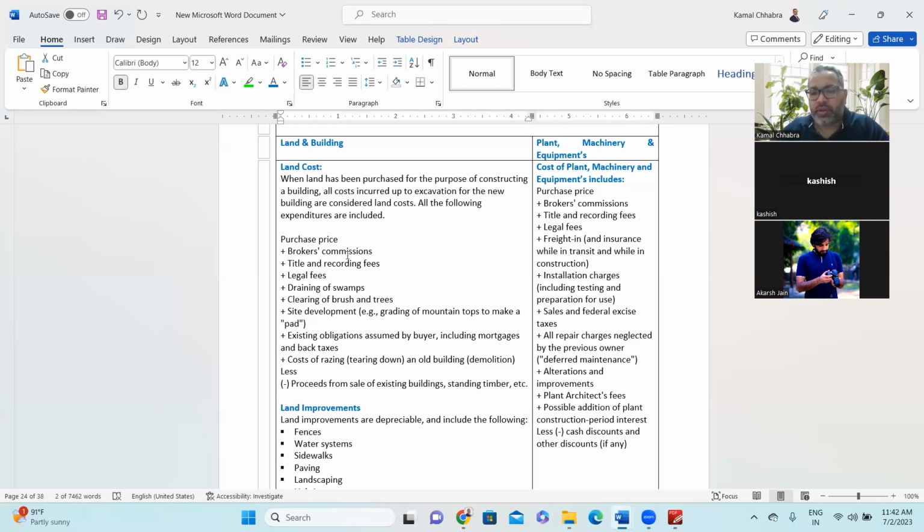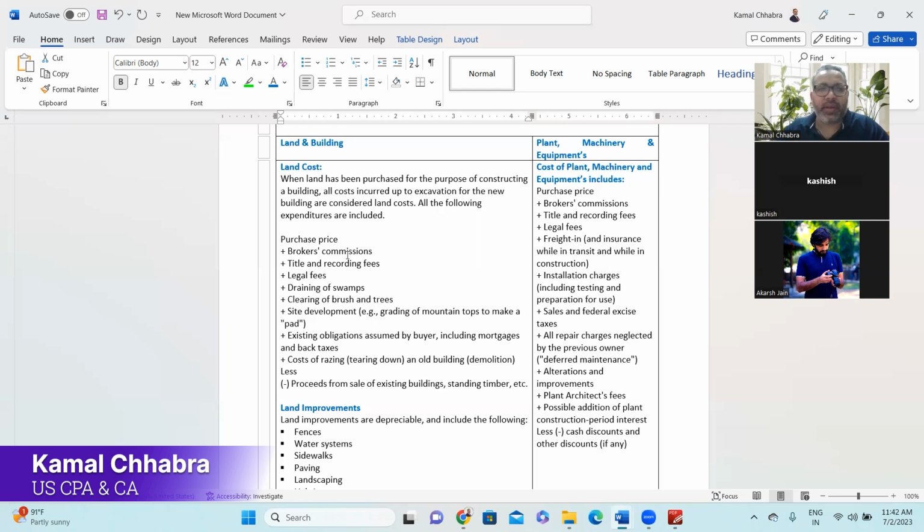In addition to that, you might have paid certain sales and federal excise taxes. Not the sales tax, because for sales tax you get the credit, but excise duty did not get credit. Also all the repair charges neglected by a previous owner, which is deferred maintenance, but now you need to incur. For example, when I purchased this home, there was some pending house tax that I needed to pay.